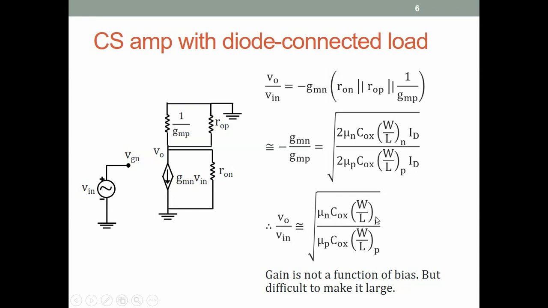And let's see, if I want to get a gain of 10, then the W by L ratios have to be in a ratio of 100 because there is a square root here. Alright, so again these circuits are used for obtaining small gains which are less nonlinear compared to our workhorse of a common source amplifier with a current source load.